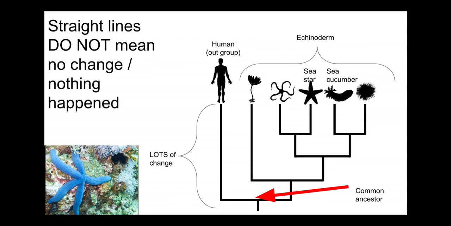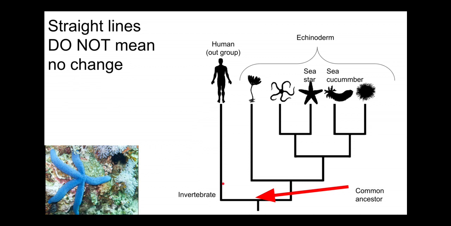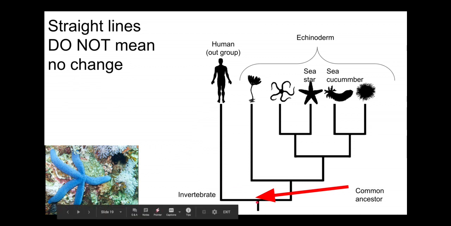One thing that's also important to remember is that a long line doesn't imply stasis. It doesn't mean that humans evolved sometime in the past and then remained constant. When you put it on a tree like this, it seems obvious that the common ancestor between humans and echinoderms is very far in the past. Lots of change has occurred since then. All of these organisms are invertebrates.